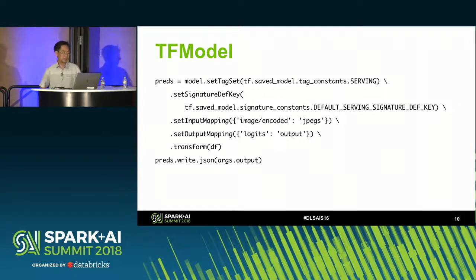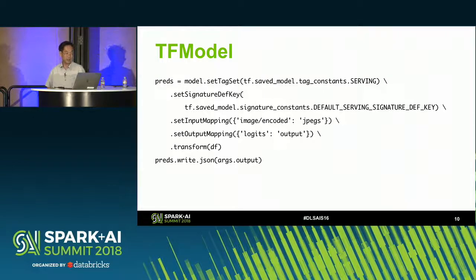A couple interesting things here is we allow you to set an input mapping and an output mapping on this model. So if you remember, let's imagine a checkpoint saved on disk. This allows you to map a data frame column, in this case image encoded, to a tensor in your model called JPEGs, and an output mapping of the logits tensor in your graph will get mapped to a data frame column called output.